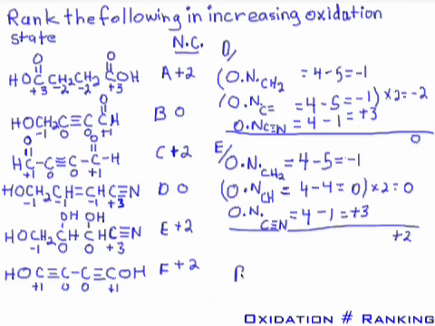So B equals D, which are less than A, that equals C, who equals E, who equals F. So in terms of oxidation state, A, C, E, and F are the same in oxidation state, while B and D are more reduced. So B and D are less oxidized, and that's why I gave them the less oxidized sign.